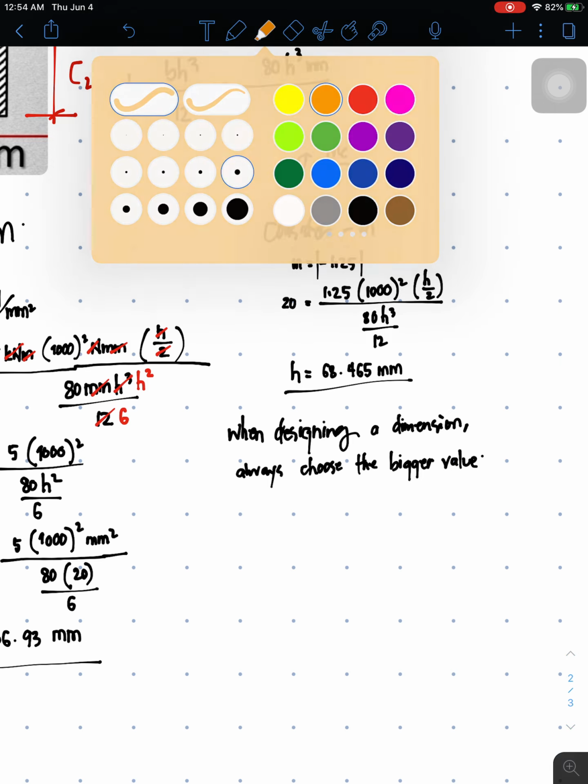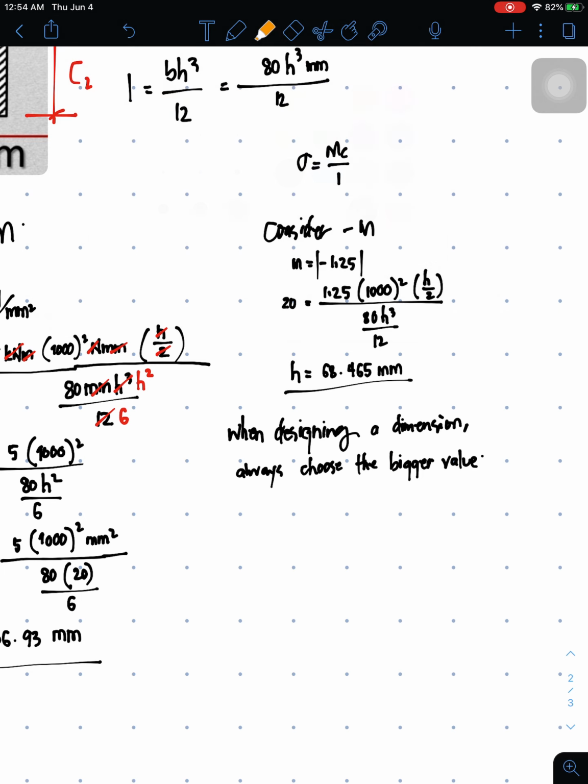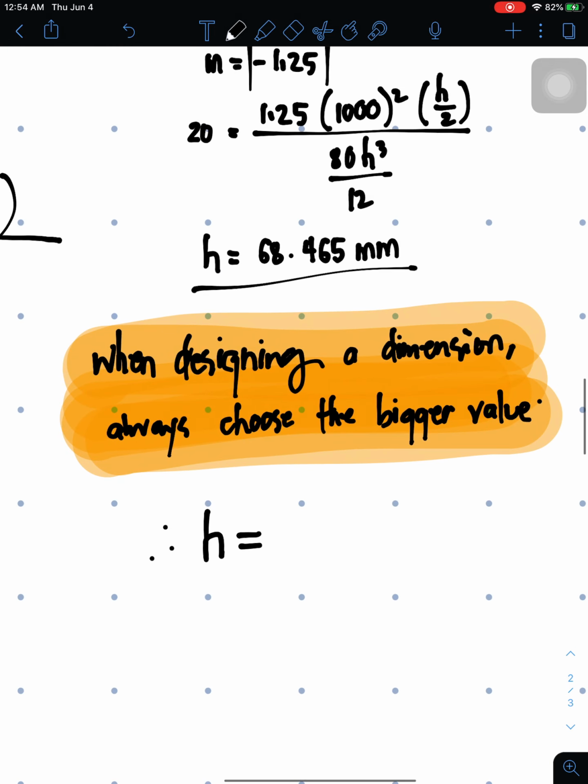So let's highlight this so you don't forget. Therefore, H design is equal to 136.93 millimeters.